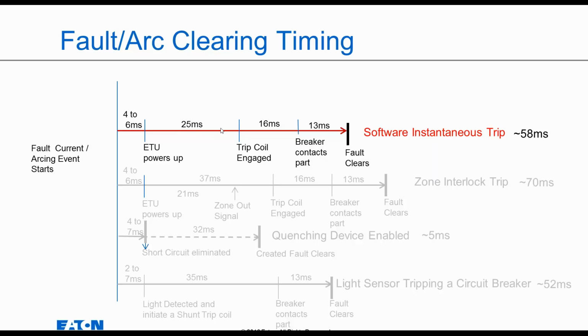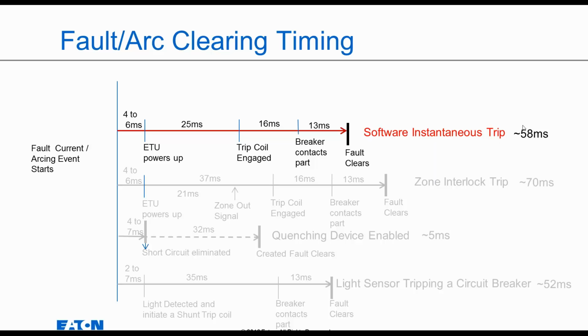And then saying, okay, I'm over, and measuring that versus your setting. So am I over this current setting that the customer has set? And at that point, you engage the trip coil inside the circuit breaker, the mechanism has to move, and then the breaker contacts part. Eventually the fault is cleared.